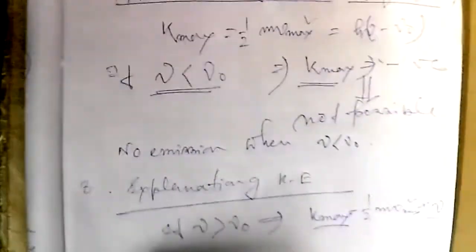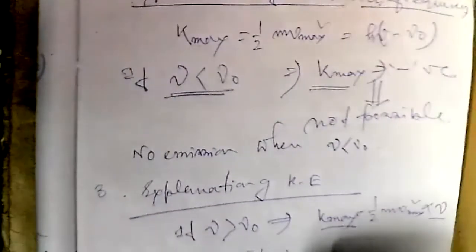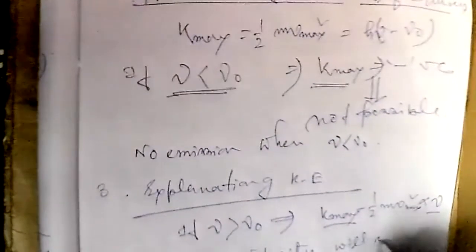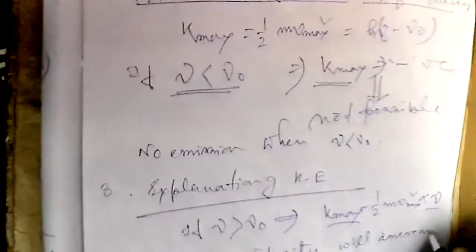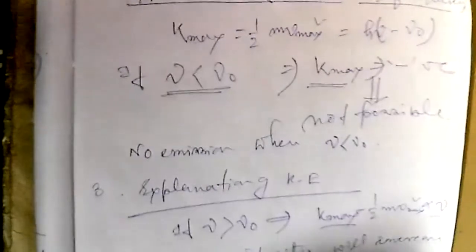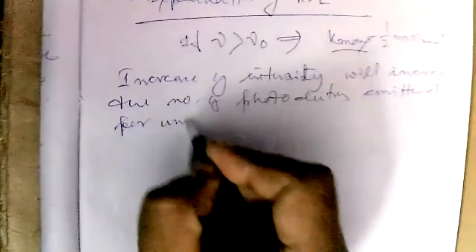Now, increase of intensity will increase the number of photoelectrons emitted per unit time.